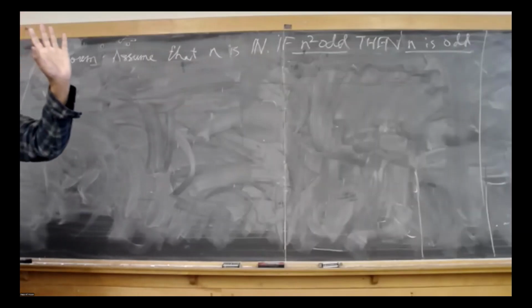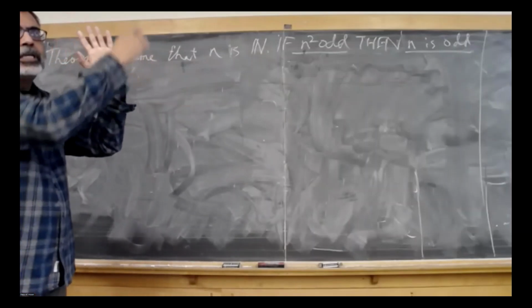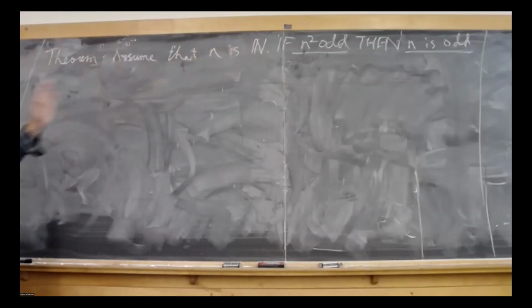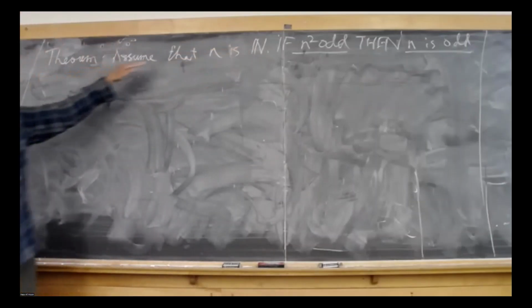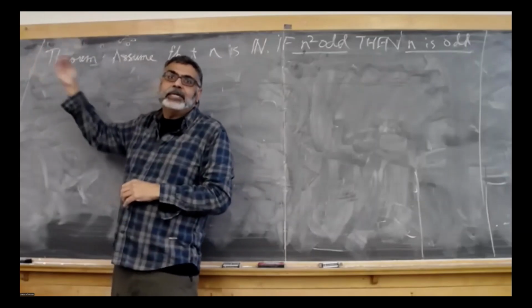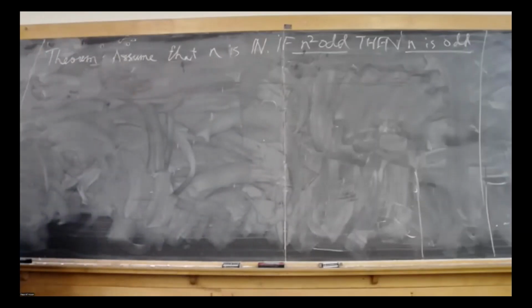Any number you take equals a product, a multiplication, of prime numbers. So that's something we'll be bringing in. That is not here, but it is part of the knowledge of mathematics that we can bring in. All right, so what's the first step? We write proof.